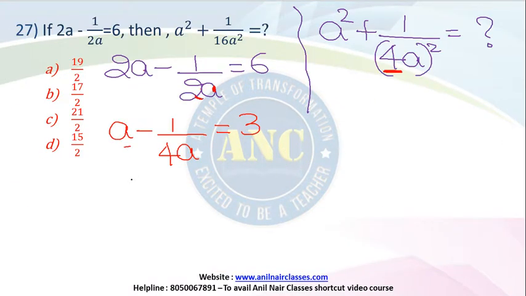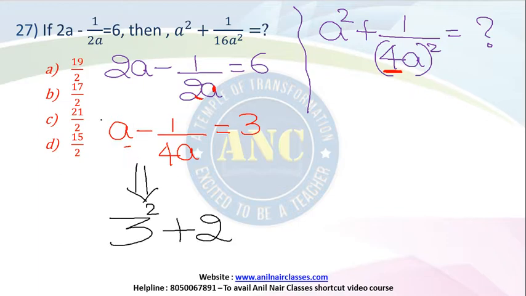That means the answer for this should be k square, that is 3 square, plus 2 into a. A is nothing but the coefficient of a, which is 1. B is nothing but the coefficient of 1 by a, so it is 1 by 4.